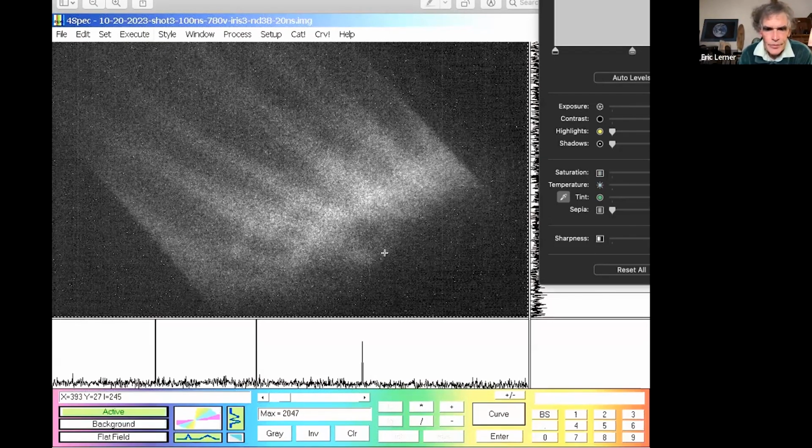And let's see, can people see my mouse, my cursor? Yes. Okay. So we're looking between two veins, which are the outer electrode. So this here is one vein, and this is another vein. And between those veins, we're seeing towards the anode.